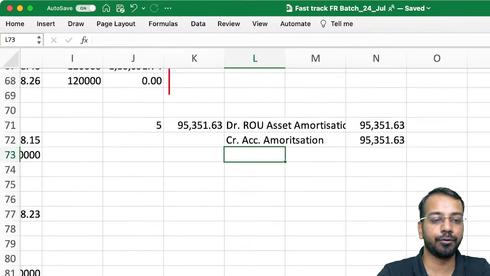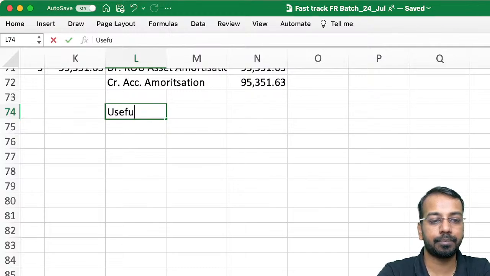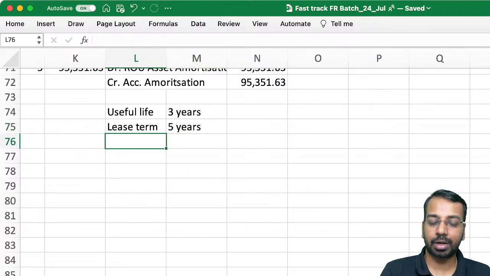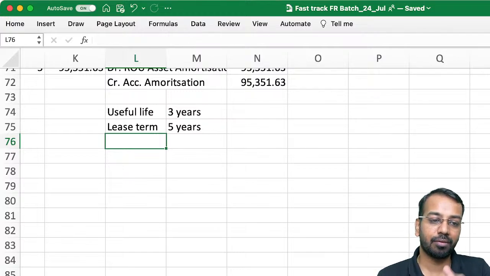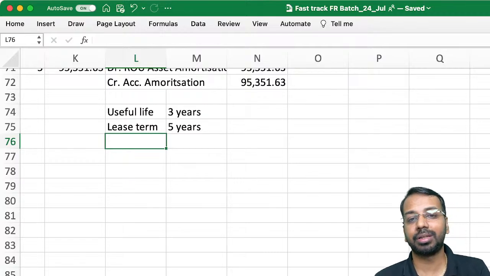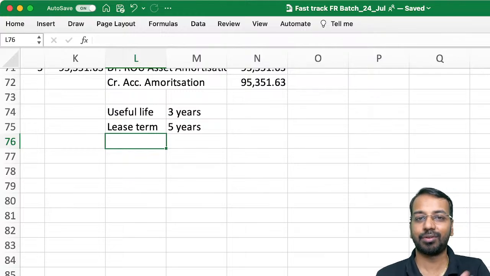Now I have a question for you. If useful life is 3 years and lease term is 5 years, should I amortize the right of use asset over 3 years or over 5 years? I have taken an asset for a 5-year term, but I am estimating that my life will be only 3 years. So why will we take it for 5 years? Maybe the lessor doesn't agree. The lessor says you have to take it for 5 years.